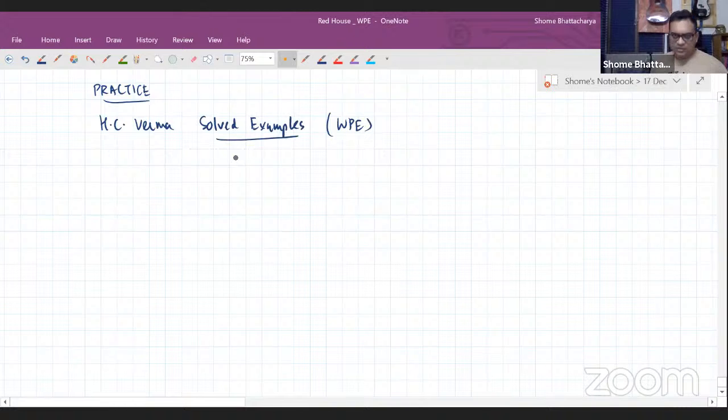So go through the solved examples straight from 1 to 6, and then again 8 to 12.